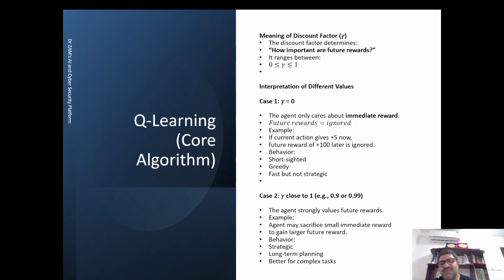So when the gamma value is near 0 or 0, it will not care about the future gain or future reward. There's a reason for that. This behavior is short-sighted, greedy, fast but not strategic. Why does this happen?